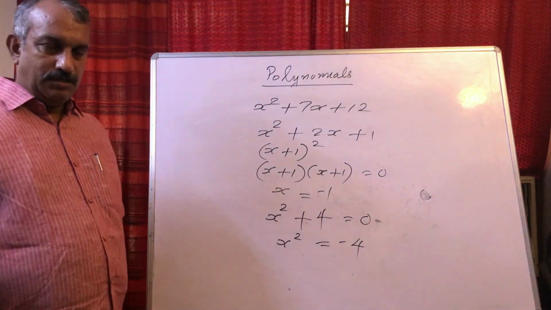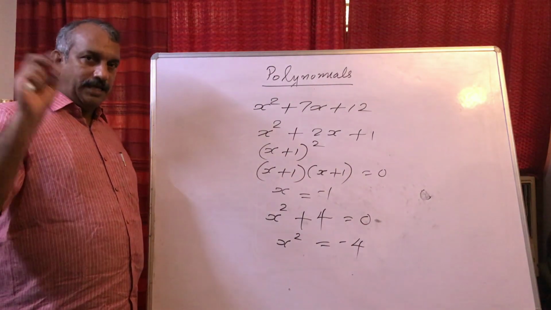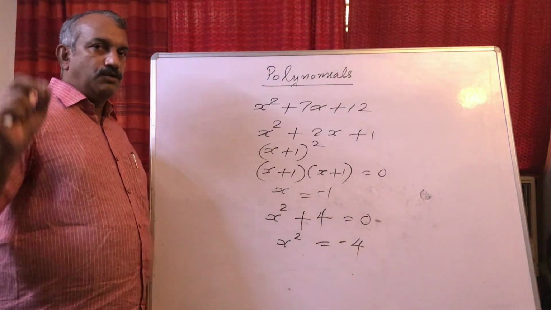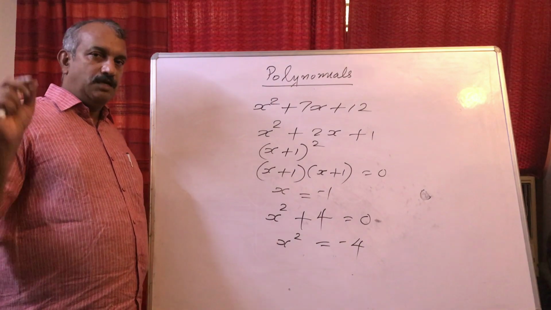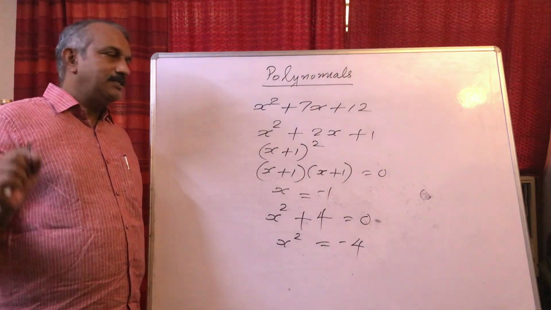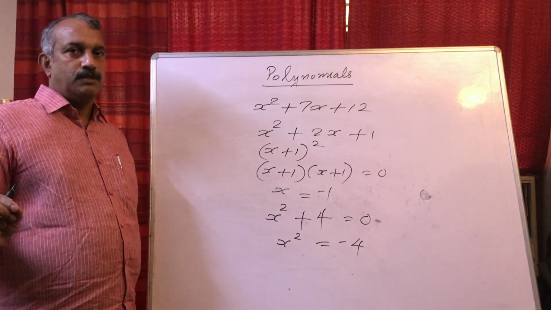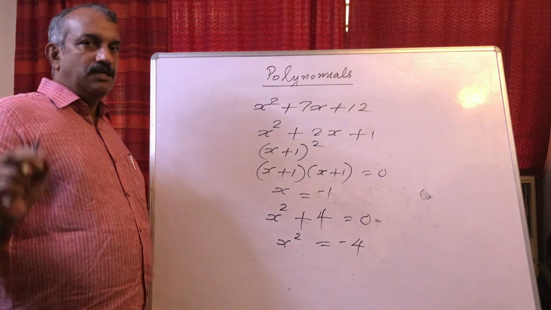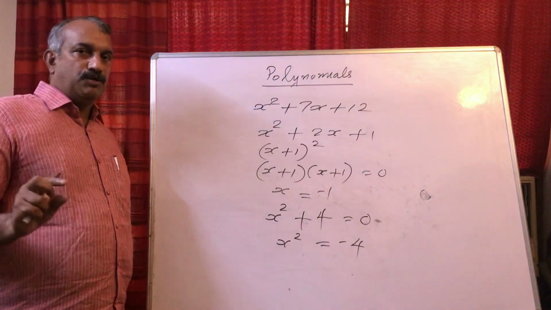So in short, I'll say the first property again. The number of zeros of a polynomial is equal to the number of points where the graph is intersecting the x-axis. Second property, the relationship between the degree of a polynomial and the number of zeros.